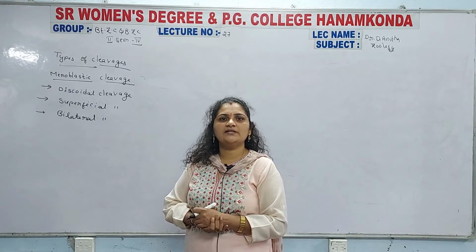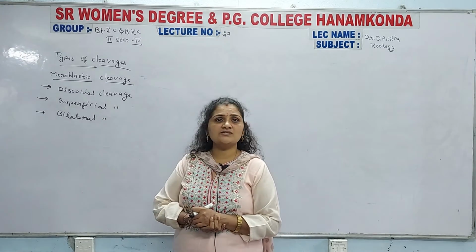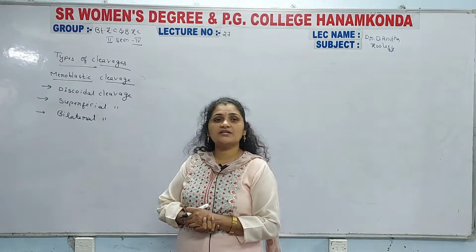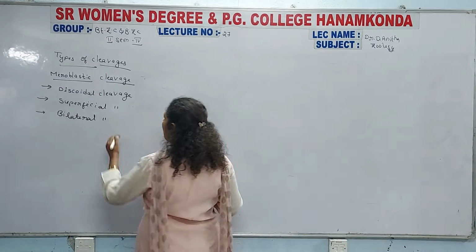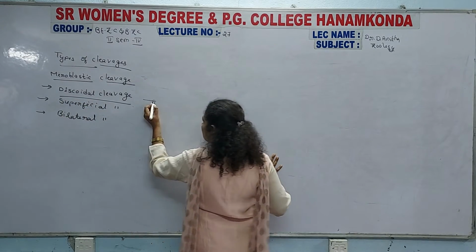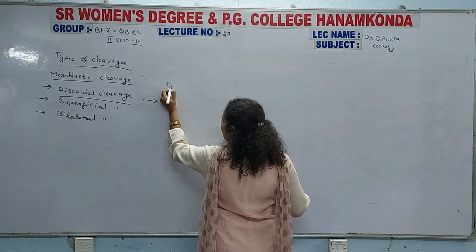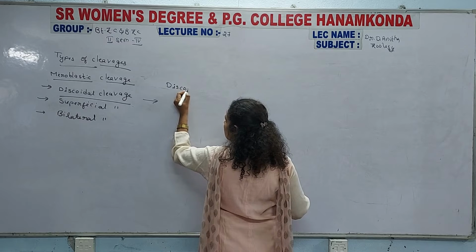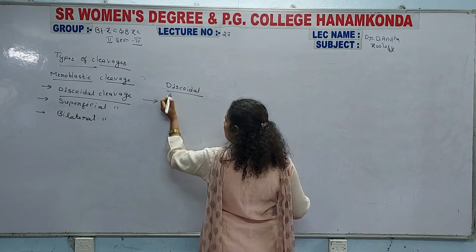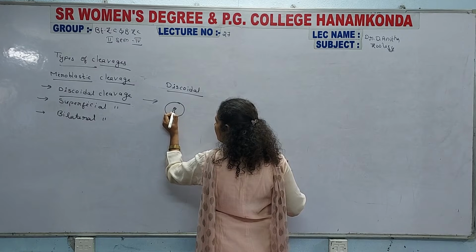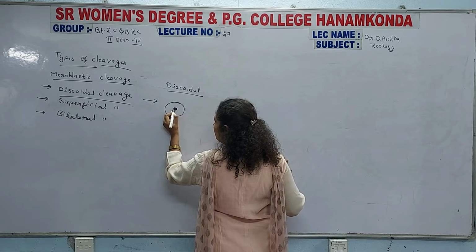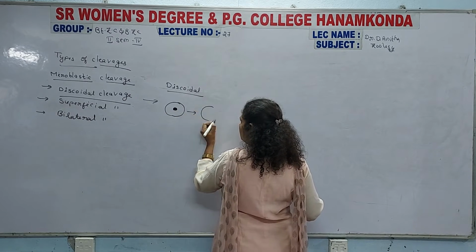It is again of three types, that is discoidal cleavage, superficial cleavage, and the bilateral cleavage. And the discoidal cleavage, see this, the first one, discoidal. In this cleavage, see this, the egg, it is a zygote, here the nucleus is there.